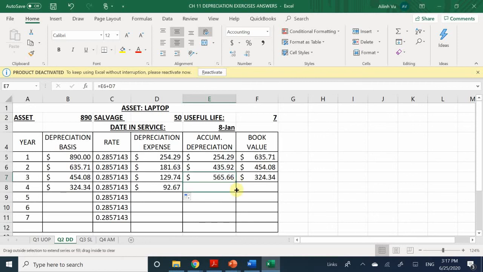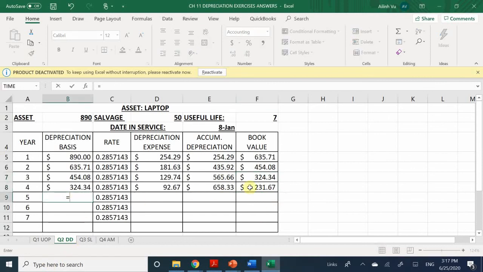I get 658.33. Yes. Okay, minus 890. 231.67. Yep, that's what I got. And bring that down and multiply that by 0.285743. We really need to work on these numbers.